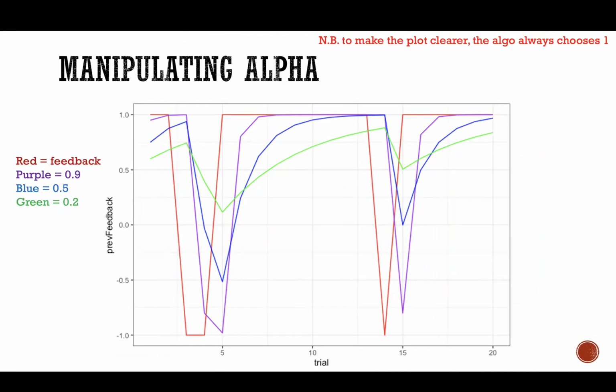When we manipulate alpha, we have here on the x-axis the number of trial, on the y-axis the previous feedback or the expected value, however you want to conceptualize it, it's the same. In red is the feedback as before. In purple is an algorithm that has a learning rate of 0.9.